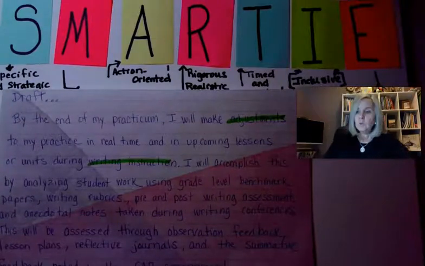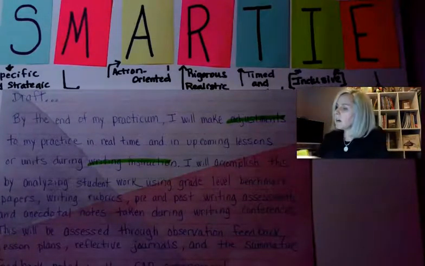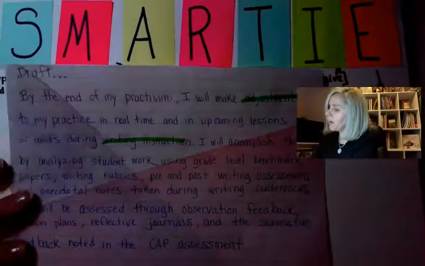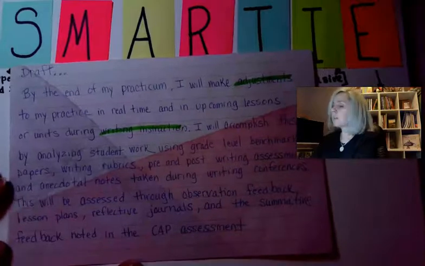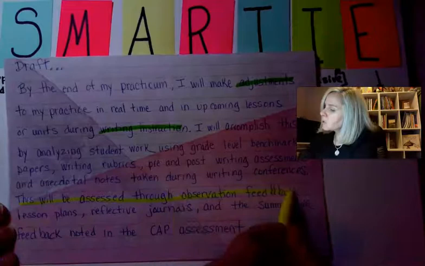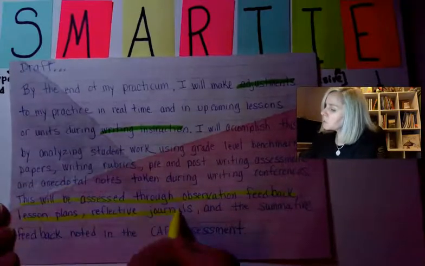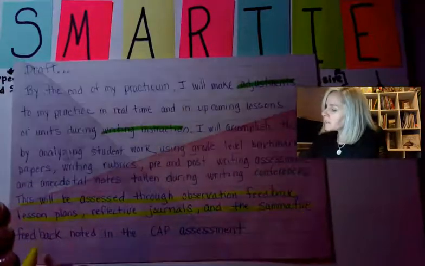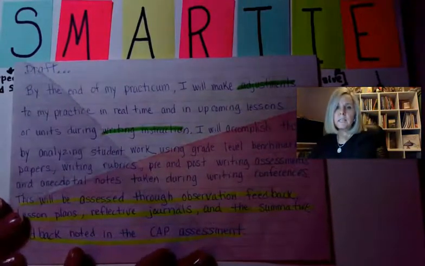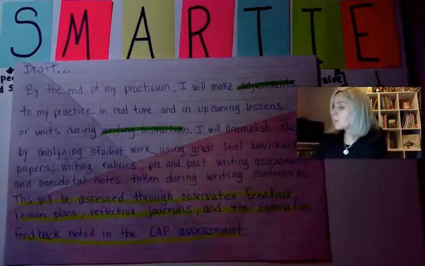I can also note that it is measurable. So where is it measurable? How am I measuring this? So it's going to be assessed through observation feedback, lesson plans, reflective journals, and the summative feedback noted in the CAP assessment. So yes, it is measurable.